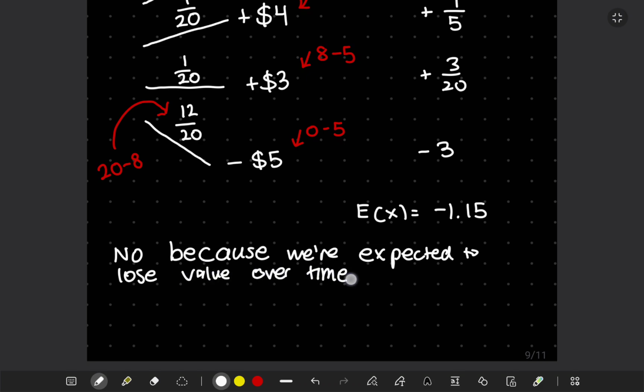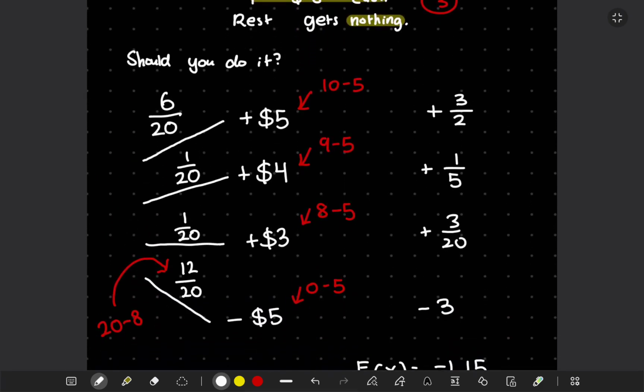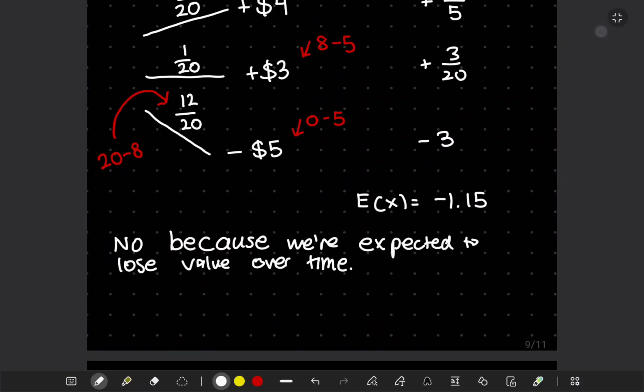Now, this doesn't mean like I will exactly lose $1.15. It just means that I'll probably be in the negatives. And so that's why the answer is I shouldn't do it, because I'm always expected to go down in money.